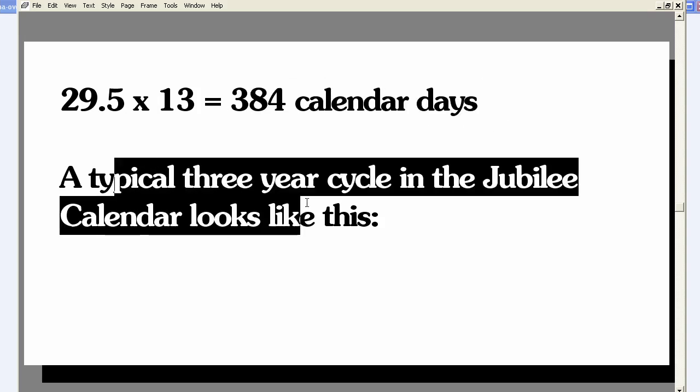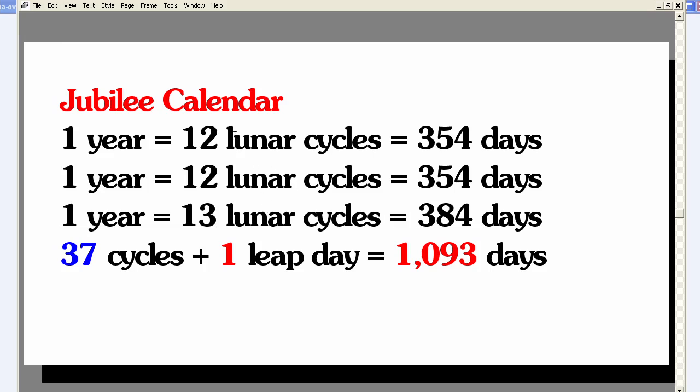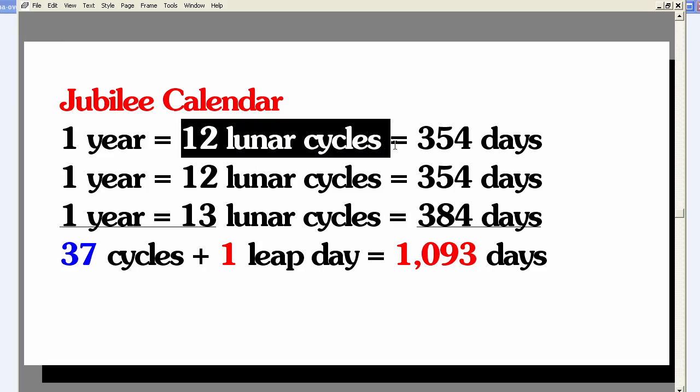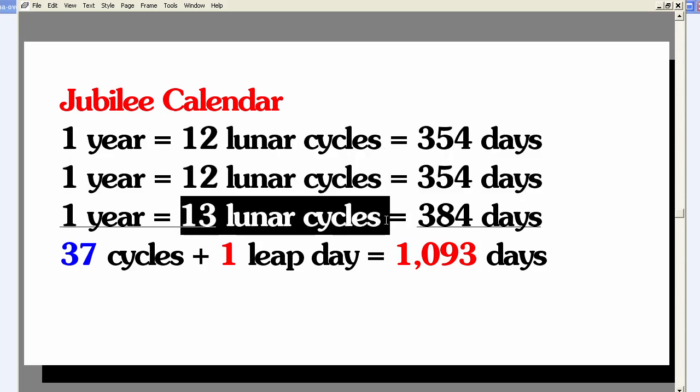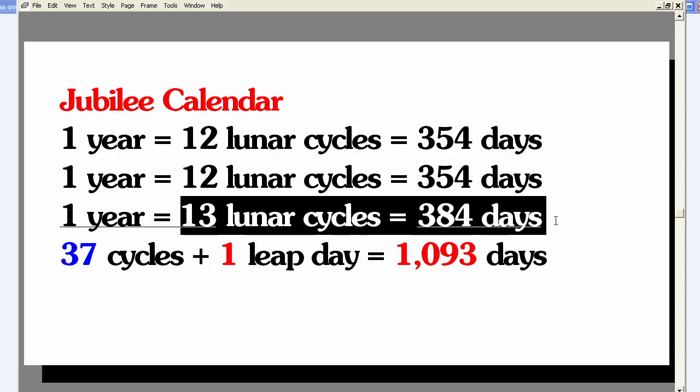A typical 3-year cycle in the Jubilee calendar looks like this. Year 1 has 12 lunar cycles, 354 days. Year 2 has 12 lunar cycles, 354 days. And Year 3 has 13 lunar cycles of 384 days.